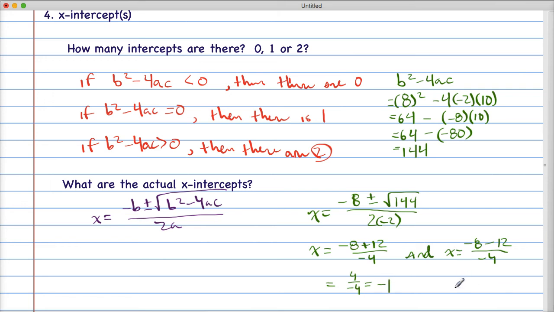And over here, -8 minus 12 is -20 over -4. Negative over negative is +5. So remember, these are x-intercepts. These are points where the y-coordinate is 0. So I have the points (-1, 0) and (5, 0) as my x-intercepts. So that's how I would determine all of these values algebraically.